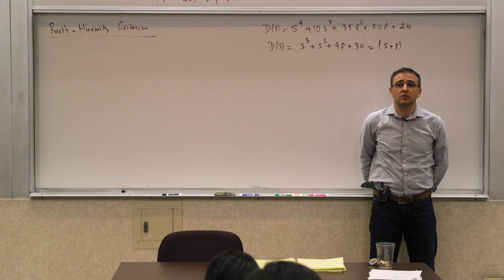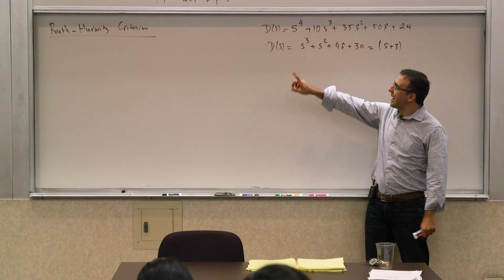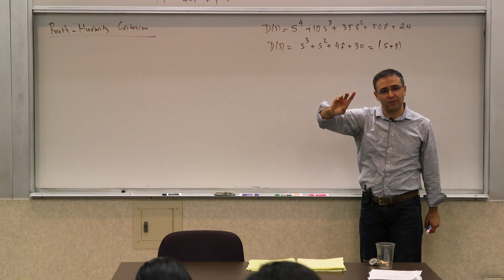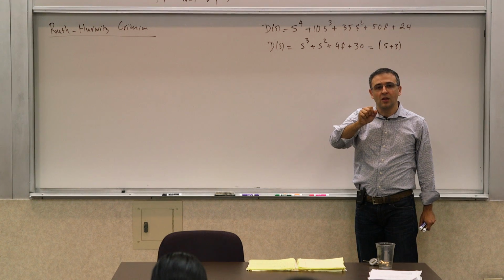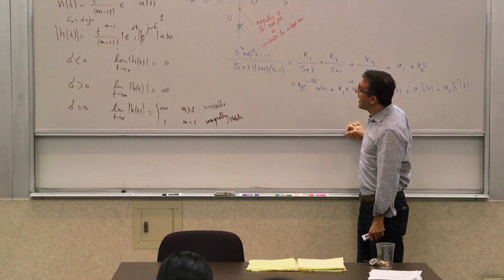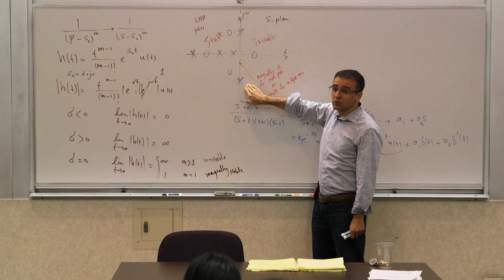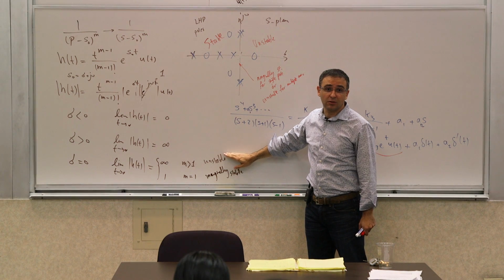Oh, okay. So then we know what to do with them, right? Those kind of roots are actually easy to identify, because if you have a root on the j omega axis, you can easily look at it, see if it's duplicate or not, and that would tell you whether you have a marginally stable or unstable system.